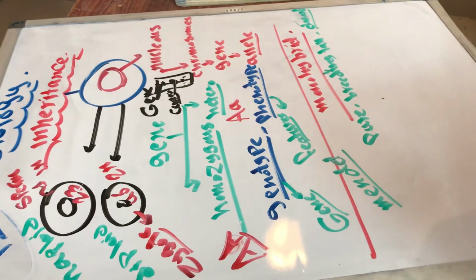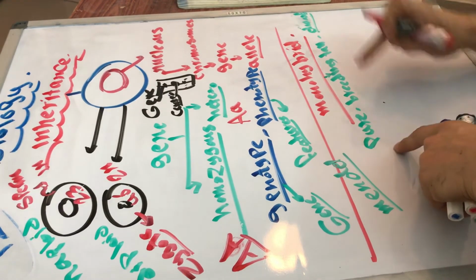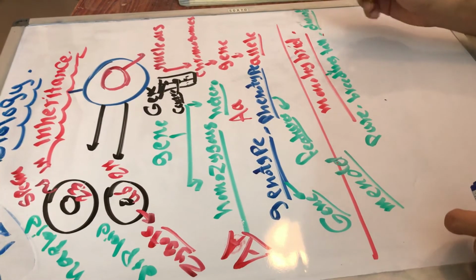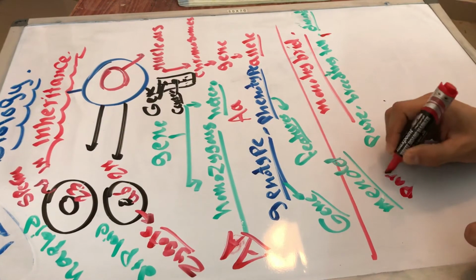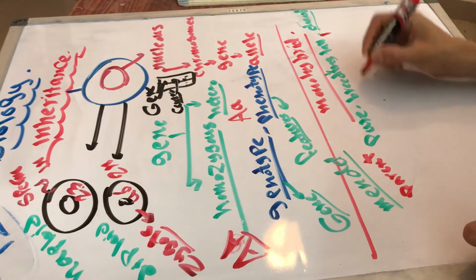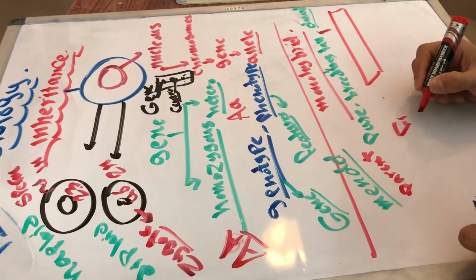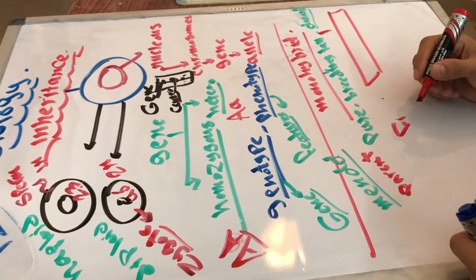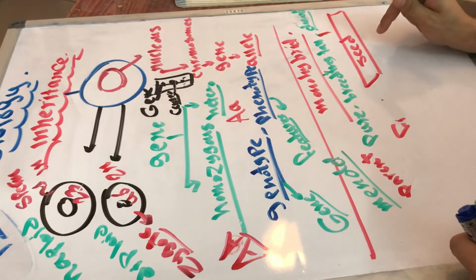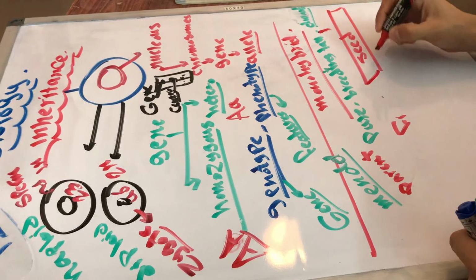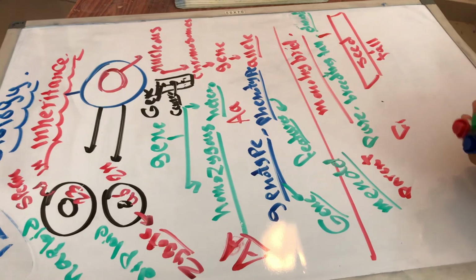So listen to me to understand the results. Pure breeding tall and pure breeding dwarf, fertilization between them produces parents and gametes, and produces the first generation, F1, the first filial generation. All the seeds produced from the plants, when harvested, give plants that are all tall. This is the first generation.